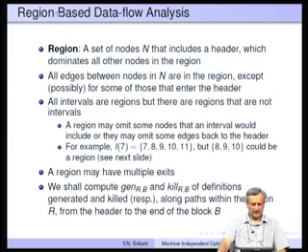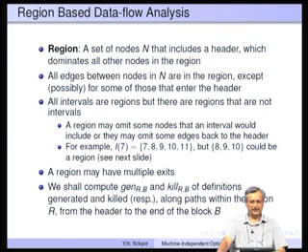We discussed regions, which are groups of nodes. All edges between the nodes in N are in the region except for some of the back edges which enter the header, and the region may have multiple exits.